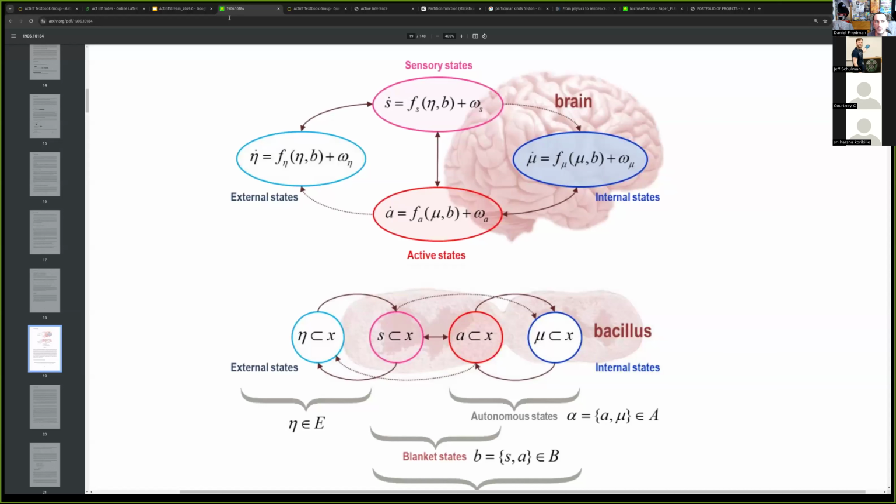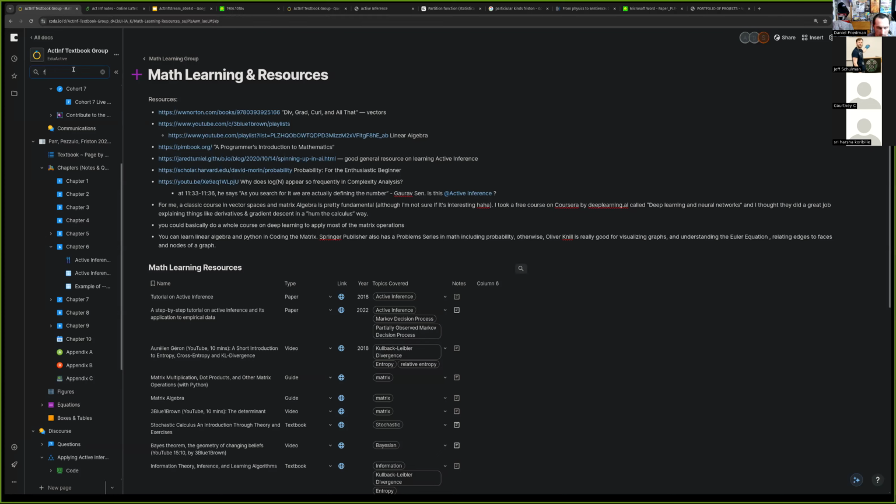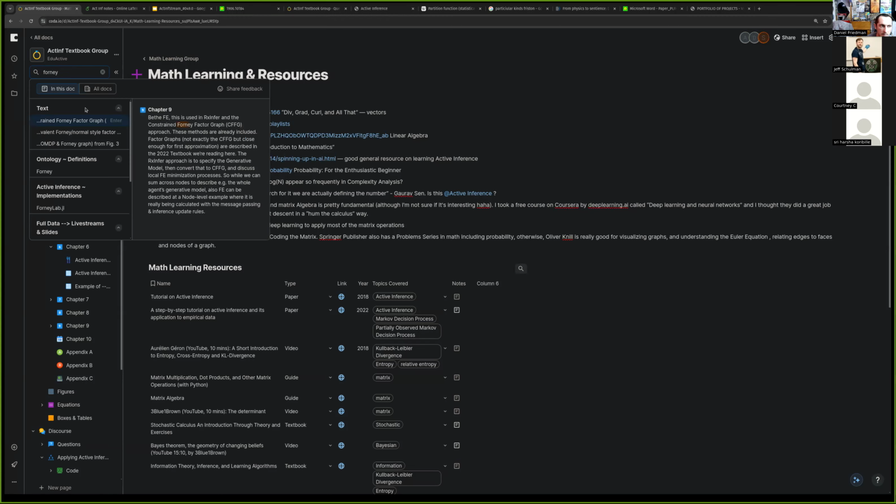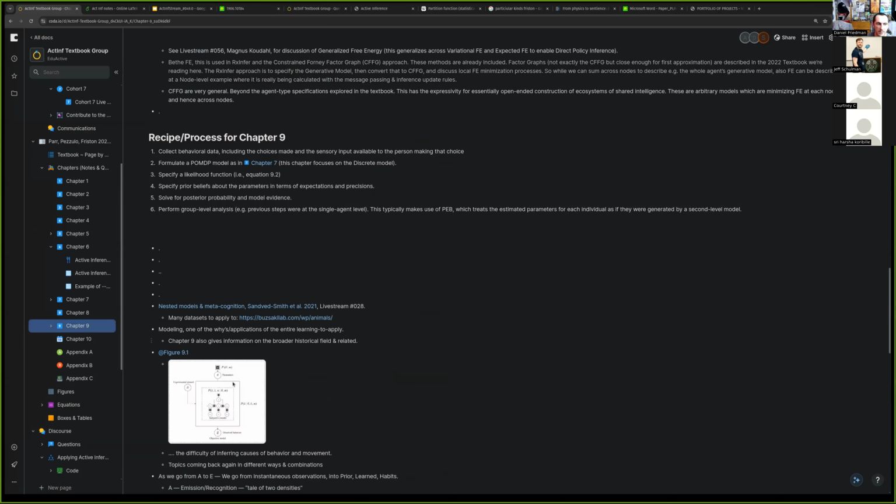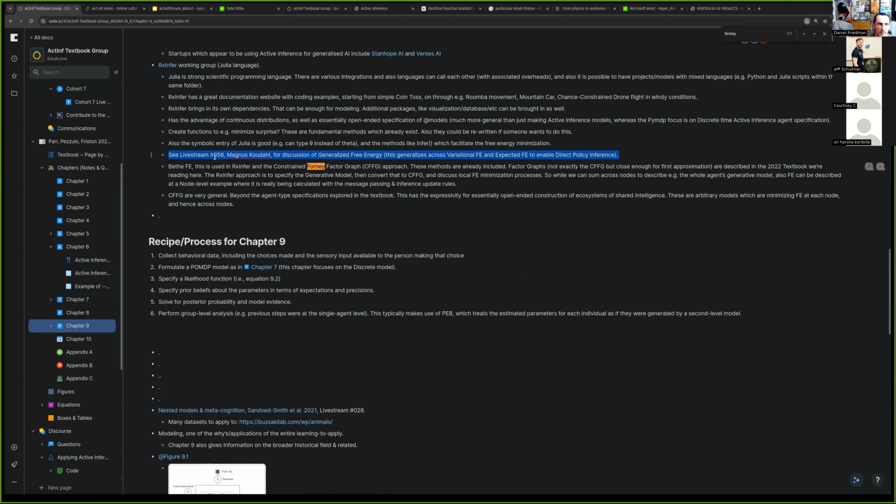Every Bayes graph also has this dual representation as what's called a Forney graph. Forney graphs, basically the nodes and the edges have the opposite character.